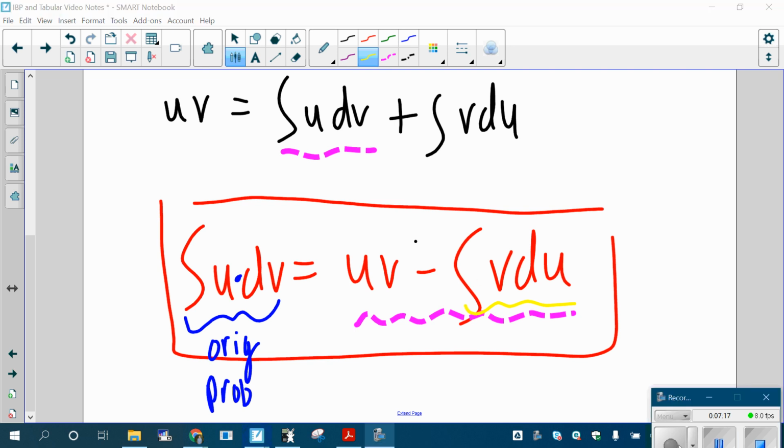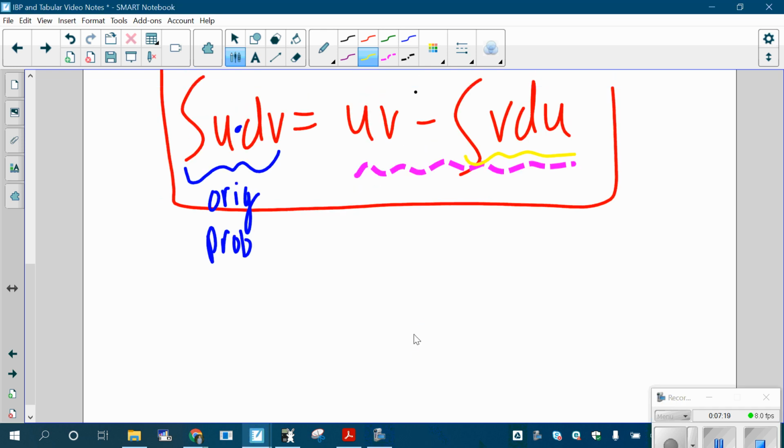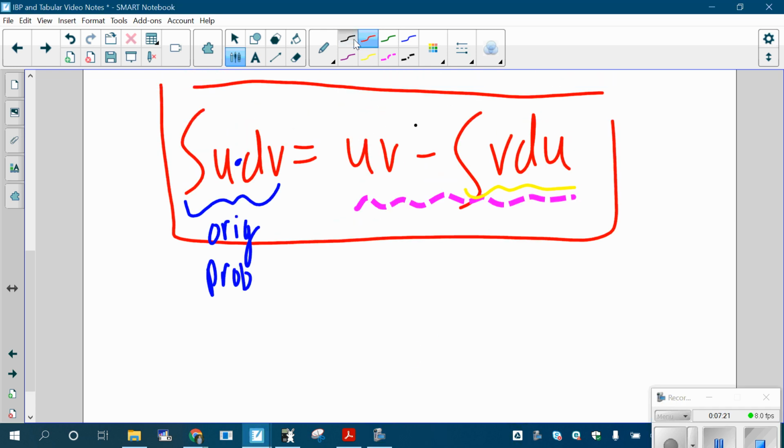Last thing I'll say, and then we'll do a problem. Notice that there's a lot of different variables going on in this formula. There's u's, and there's v's, and then there's derivatives of whatever u is and derivatives of whatever v is. So it's kind of like u-sub where you pick a u and then you find a du.